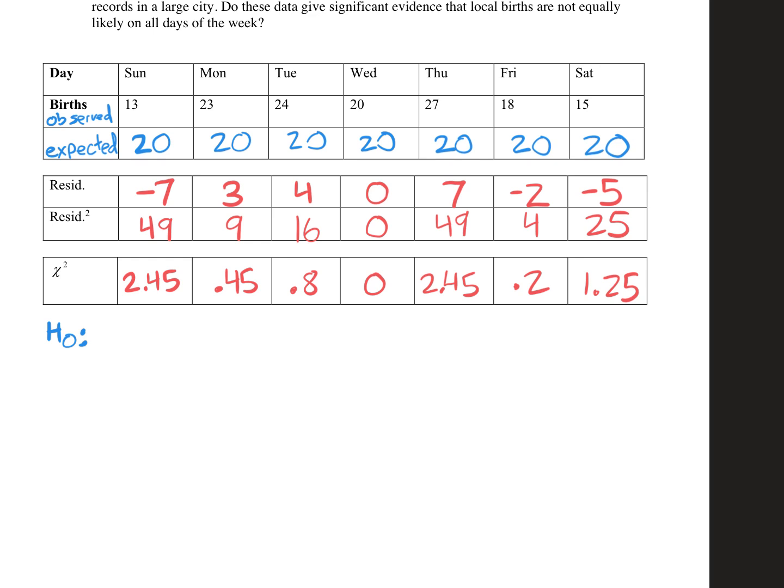So that would actually be our HA. So then our H0 would be that local births are equally likely on all days of the week.